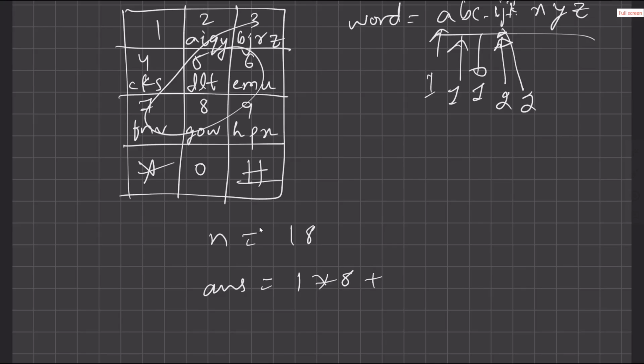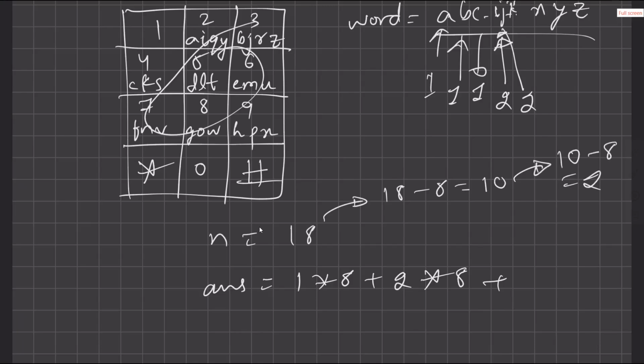Now for the remaining, you just remove 8 from 18, it's gonna be 10. Now these other 8 characters will be pushed two times. Plus now, 10 minus 8, it's gonna be 2. The remaining two characters will be pushed three times.